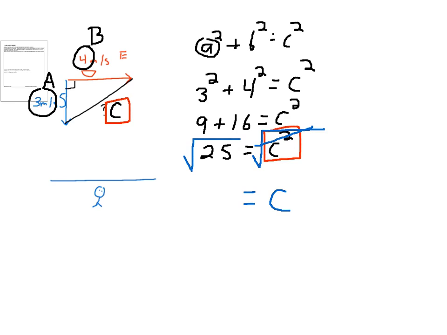Now I just take the square root of 25, which is 5, so this side of the triangle would be equal to 5. That gives me the velocity of the boat itself, that value right there. So that's how you'd solve that problem.